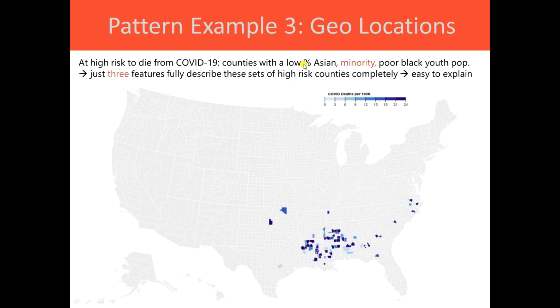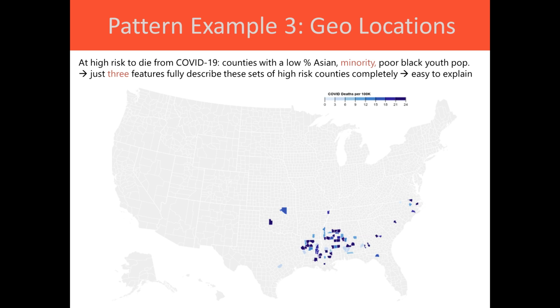I think maybe low percent Asian means that when more Asians live there, they probably know a little more about infectious diseases and wear the mask. They know more about mask wearing because they know this from Asia. Minority means they're maybe poorer, and the poor black people are also here, right? So it points a little bit at poverty, but it's more concrete about it.